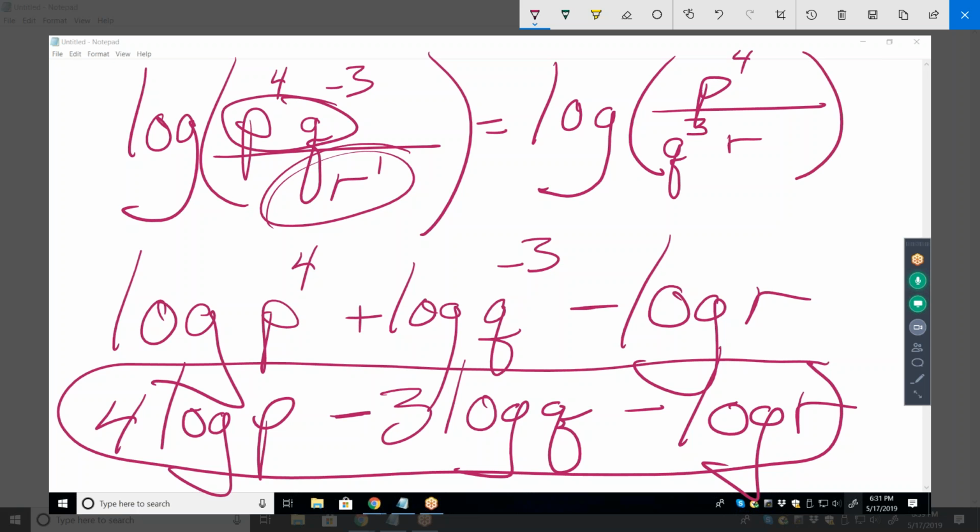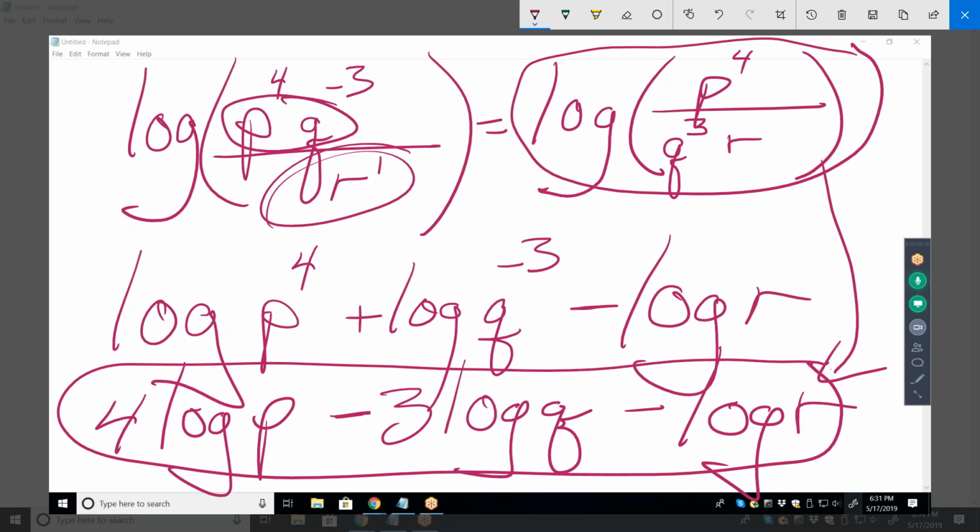Those are the same expressions on the top. All I did was move the q to the minus 3 to the other side of the fraction line. And now, if I were to expand that, I would get exactly what we got. I would get 4 log p, and then everything else is a divisor, so it's going to be subtracted. So we end up with the same answer, doing it a slightly different way.